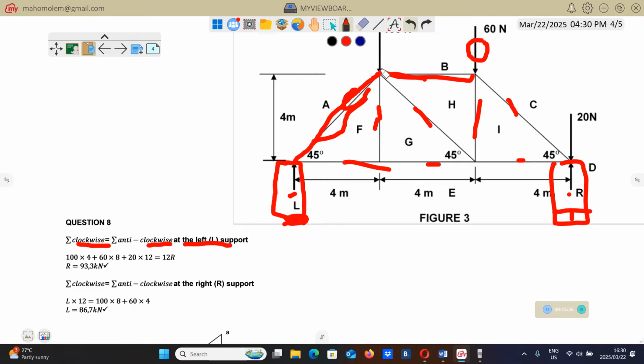Let's check the forces that will tend to rotate this framework in a clockwise direction. Firstly, you're going to have this force here. The magnitude is 100 Newton. So we take this force multiplied by the perpendicular distance.